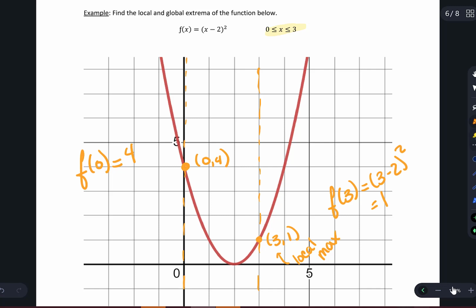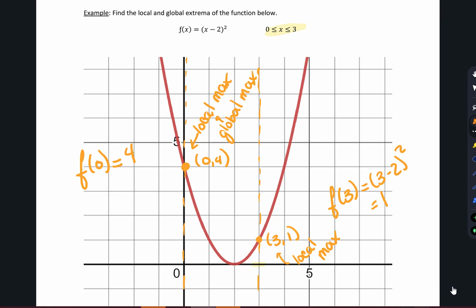And again, it is a local max because we can look at this region right here. The other point is also a local max. Now these are the only two local maximums, and the highest of them occurs at the point 0, 4, so this is also a global max.